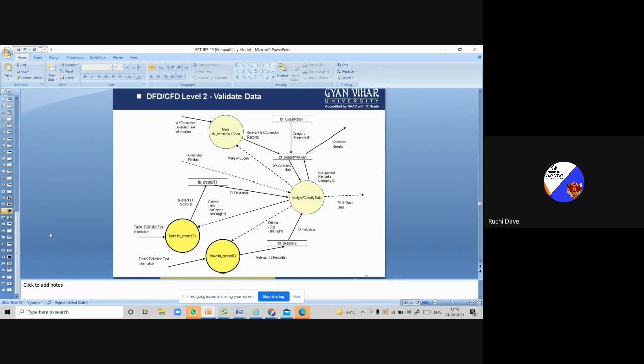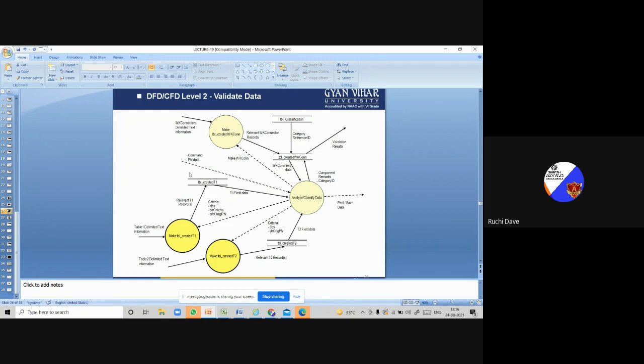So as we were moving towards levels 1 and 2, you see that the diagram is looking quite complex. But actually, if you see it properly, it is just the elaboration of the processes that has been done here, and these detailed processes have been depicted here in level 2.